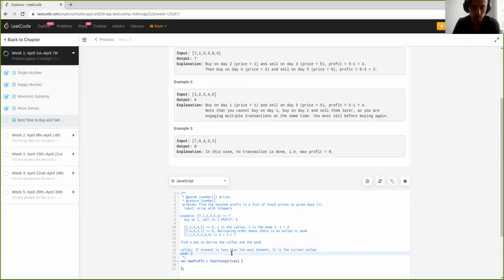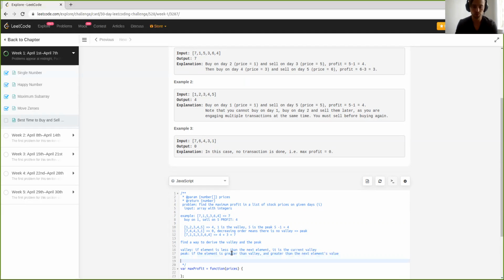The peak is if the element is greater than the valley, of course, and greater than the next element's value.